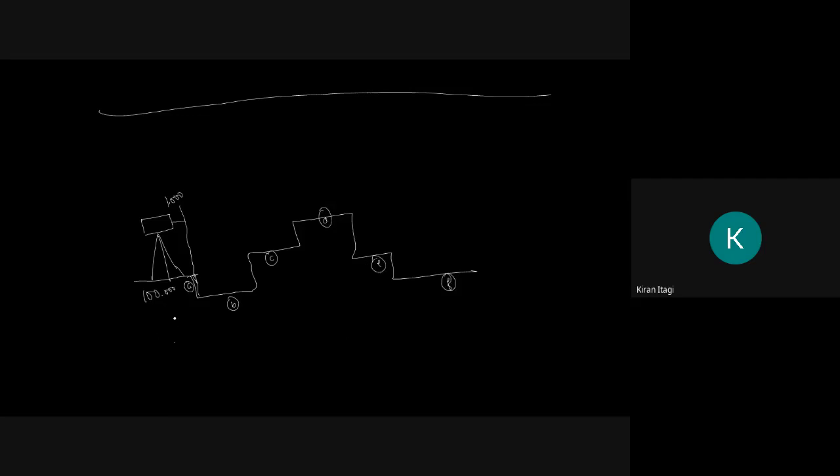B first. At station A, the reading was 1 meter, so I will call it 1.000. I will let it be 0 here. Now, when I keep the staff here, after doing all the calculation, I have got 97.250.